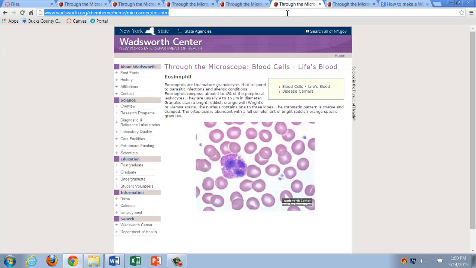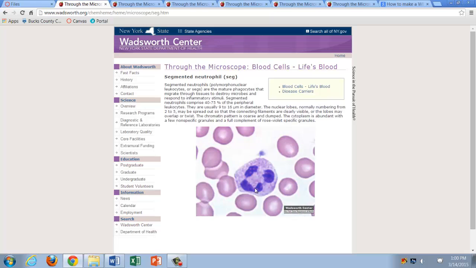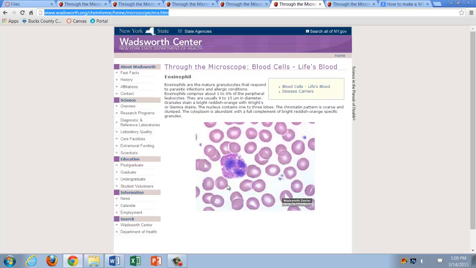This is the eosinophil, moving down to the bottom of page 85, and this is the cousin of the segmented neutrophil. Here you saw the segmentations, but the granules were a neutral color, where this is a segmented neutrophil, but the granules are a dark pink or red, or sometimes they even stain an orange color, depending on the nature of the stain.